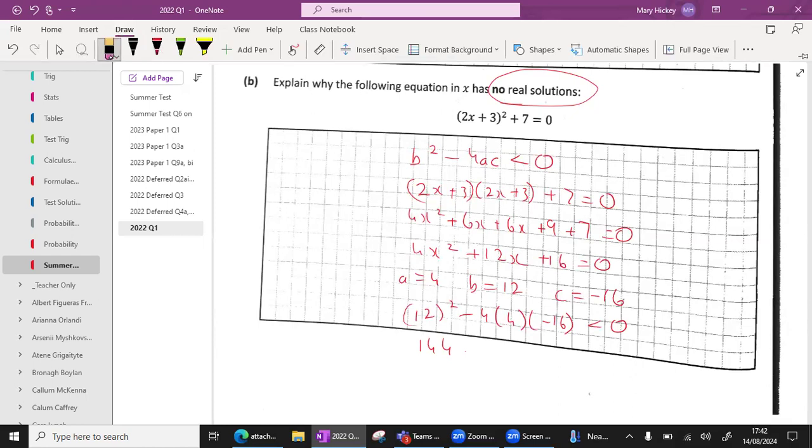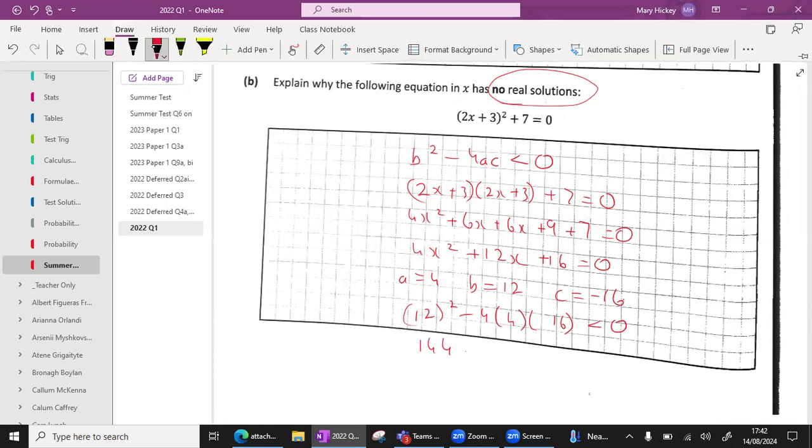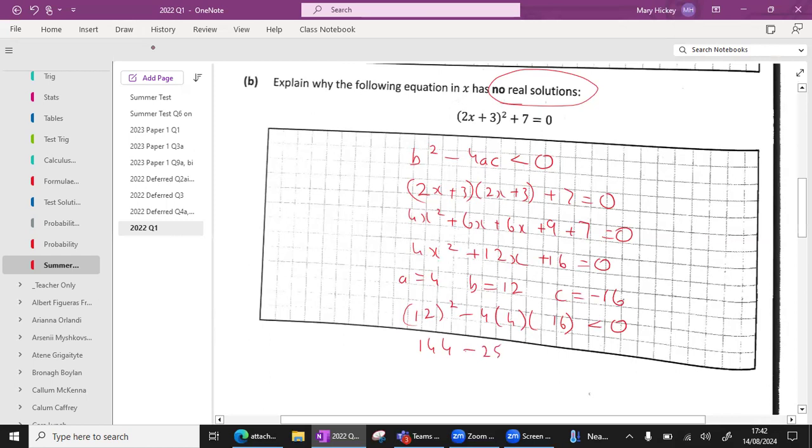Sorry, I don't know why I had a negative in there. C was 16. So 16 by 4 by negative 4 gives me negative 256. And when I take that away, 144 minus 256, I get minus 112, which is less than 0.